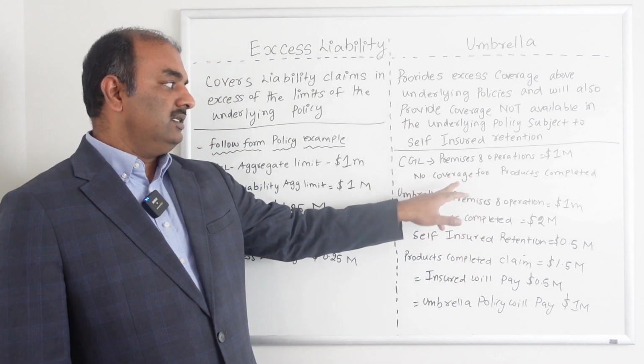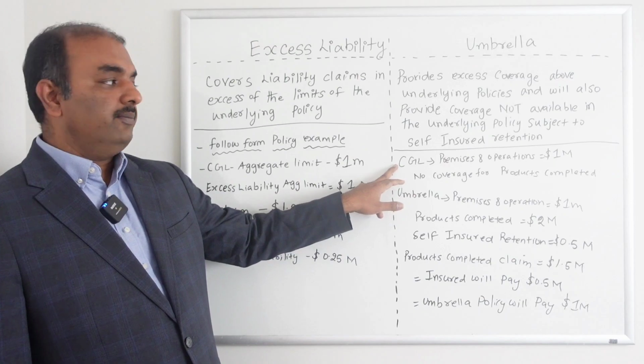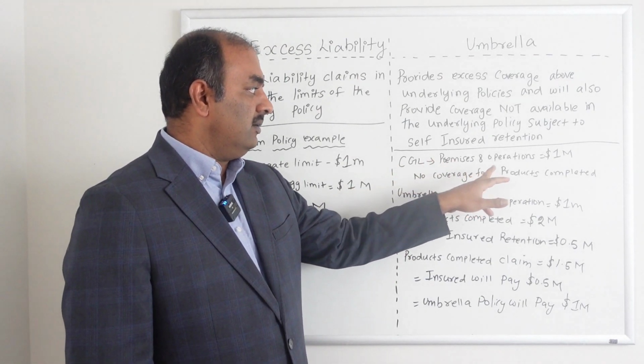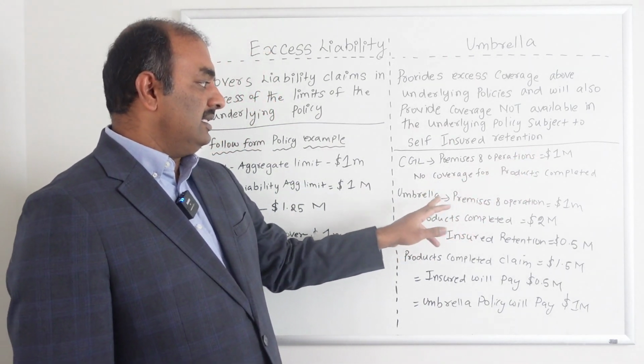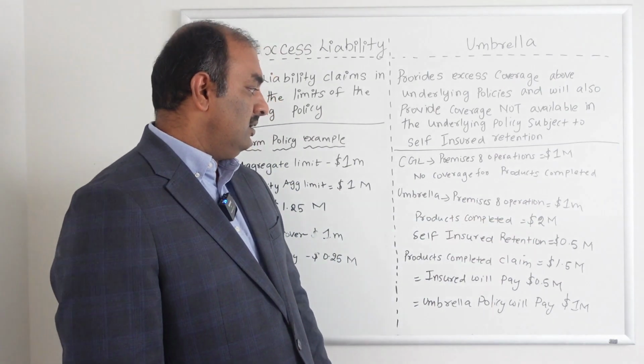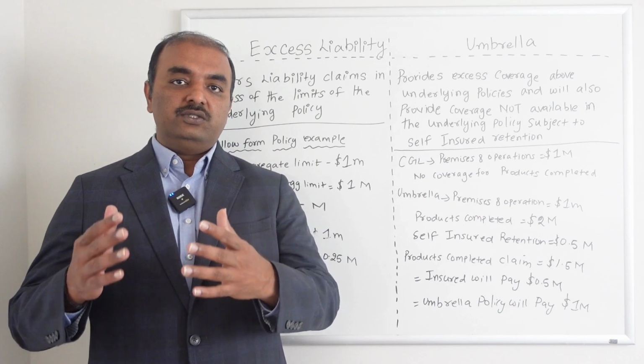So if you see the difference, umbrella gives you more coverage than what we have in the underlying primary policy. In this case, CGL has premises and operations 1 million, and umbrella has premises and operations 1 million plus products completed 2 million.